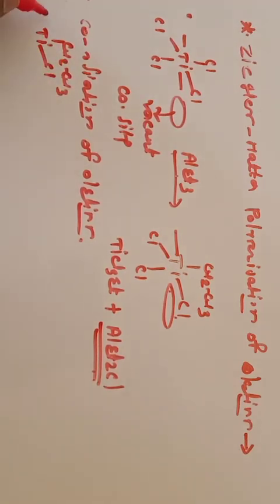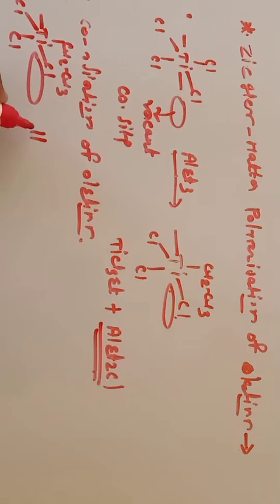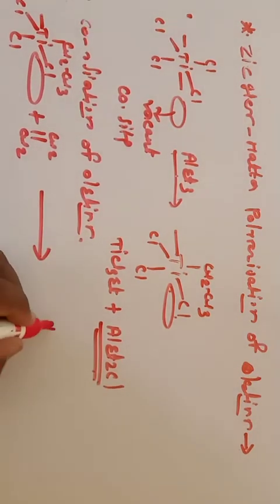So what you get here is this complex: this is CH2CH3, this is chlorine, and this is the vacant site. This alkene, that is the carbon-carbon double bond, forms a bond with titanium, because this titanium has a vacant coordination site.